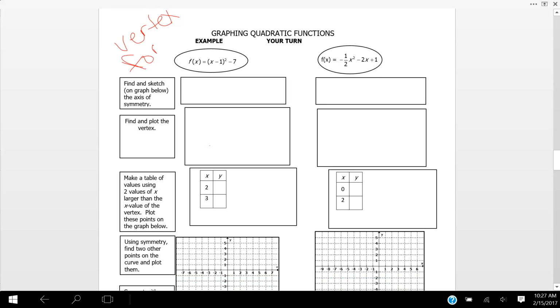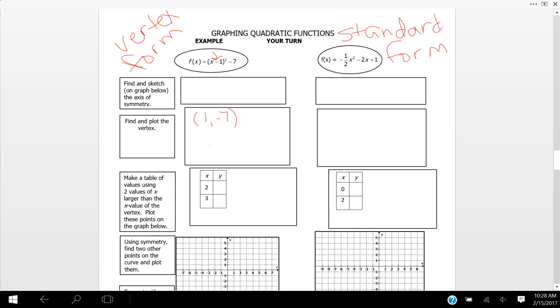And I'm going to try to think about what I'm doing and find the easy way to use these different forms. If I have vertex form, I know my vertex. My vertex is 1, -7. The negative in front of the 1 is part of the equation, does not go with the 1.